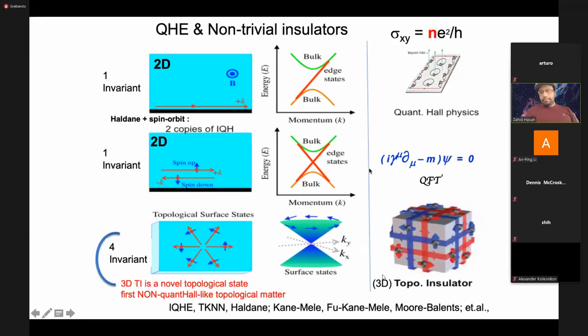Z2 state. So now, if you focus on the energy momentum dispersion relation, what is new compared to the quantum Hall physics is that now, because of time reversal invariance, there is no magnetic field. There is this protected crossing, and this protected crossing is linear.